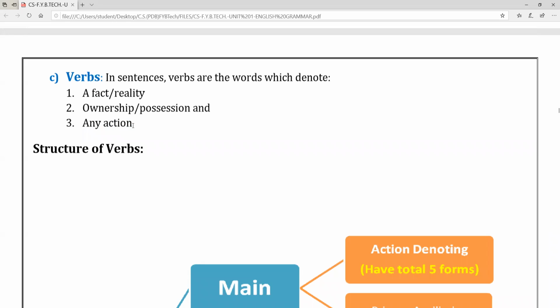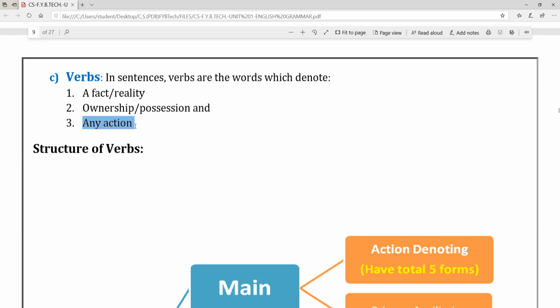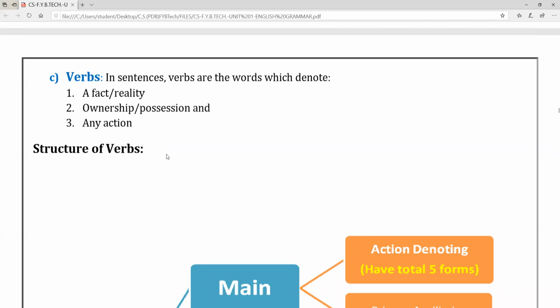Generally we have seen that a verb is the word which shows action. We can say that a verb is the action denoting word. Generally we define a verb in this manner.